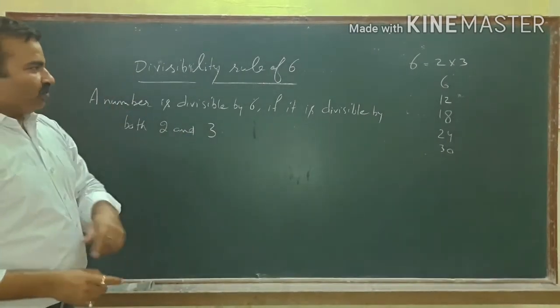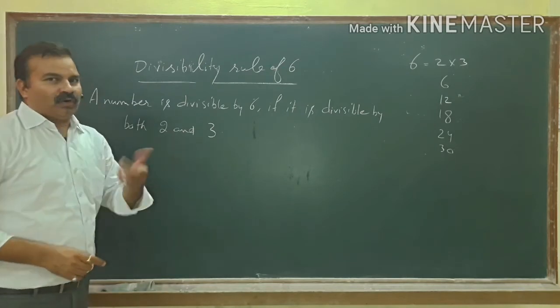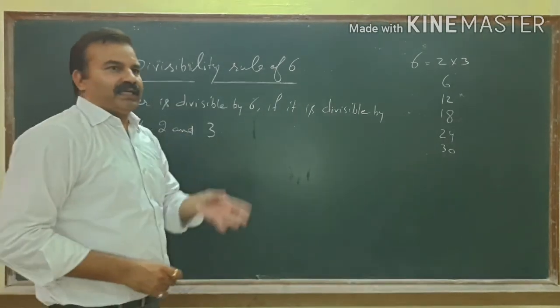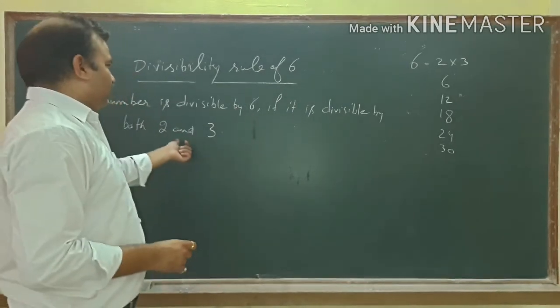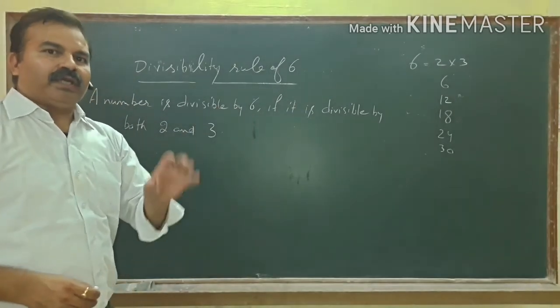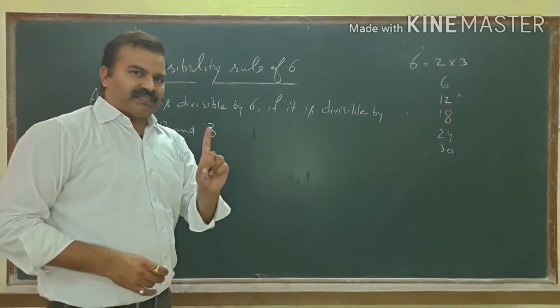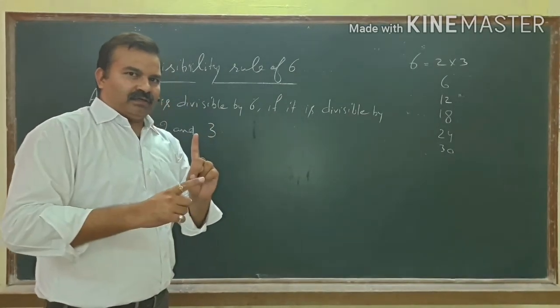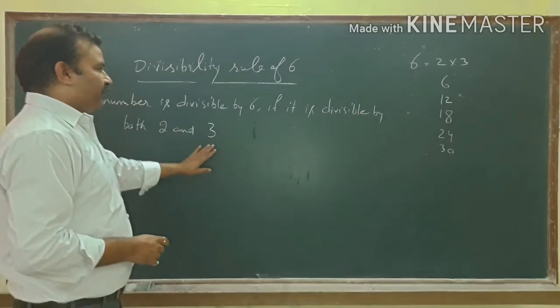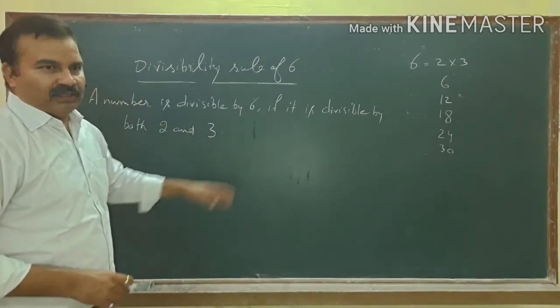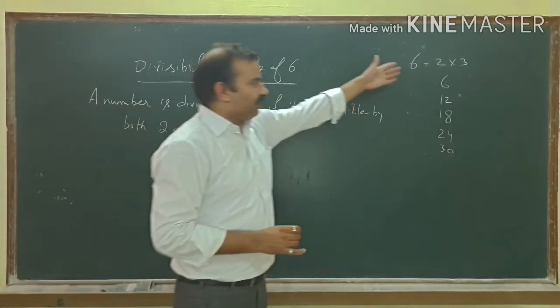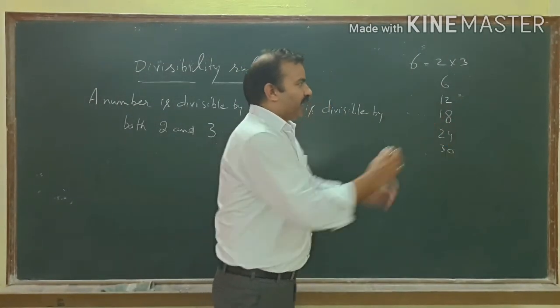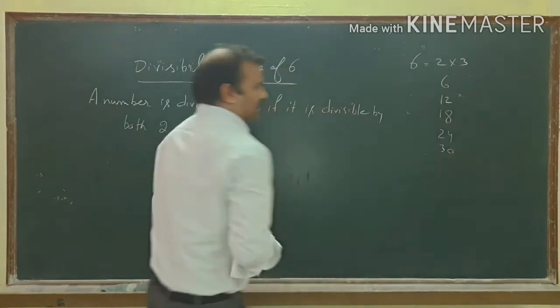Now we know that the numbers which are divisible by 2 are always even numbers. So we have to check two things. First, the number should be even, and then we check that the number is divisible by 3. There is no odd number which is divisible by 6, because when we read the table of 6, there is no odd number at the unit place, that is the right side.